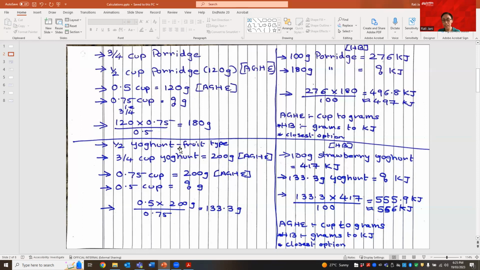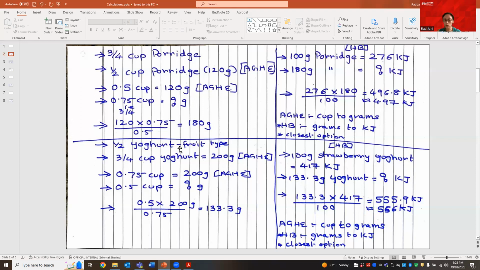Over here, the dietary recall just tells me it's a fruity type of yogurt. It does not tell me whether it is banana or berries or whatever. But look at the logic. Irrespective of the type of fruity yogurt, as long as it is not written that it is a low-fat or fat-free yogurt, we have to assume this is a regular yogurt the person is having, and therefore the closest possible option in my handbook is strawberry yogurt.